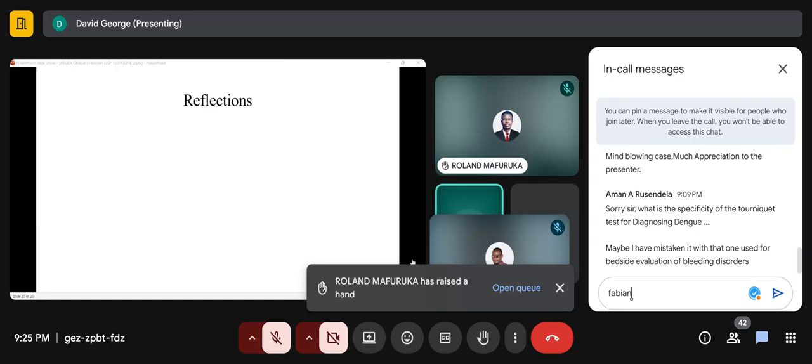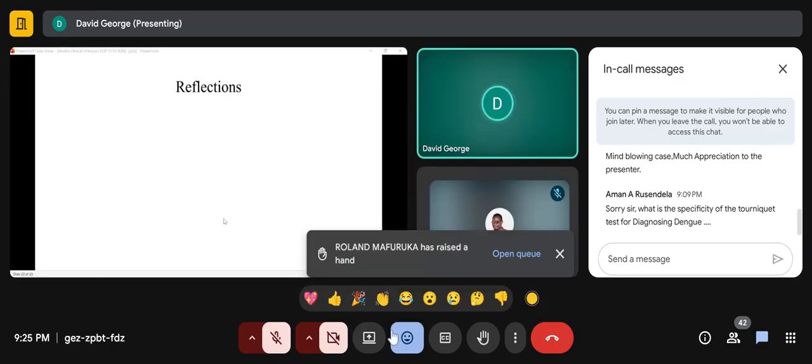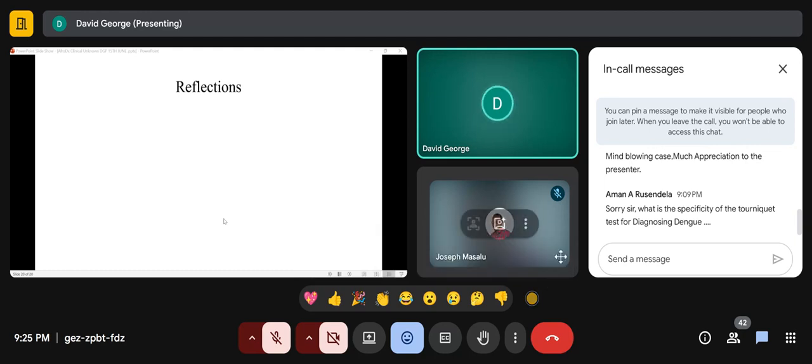Just like I said earlier, I've seen a number of dengue cases, but this was my first time seeing a patient with dengue presenting with ascites. It turns out Fabian has seen a number of them, and we've learned from him today, and I believe every one of us here will be able to make a correct diagnosis next time they see a dengue case.